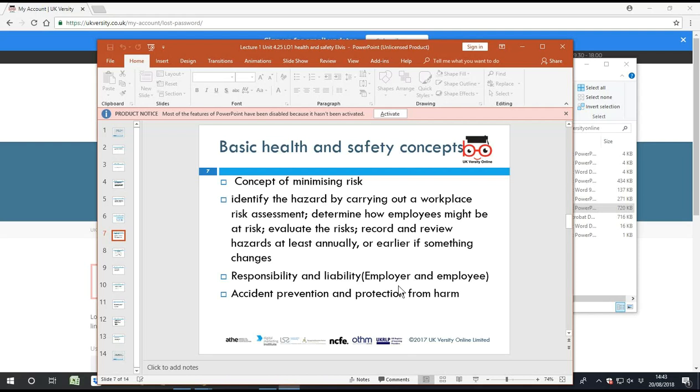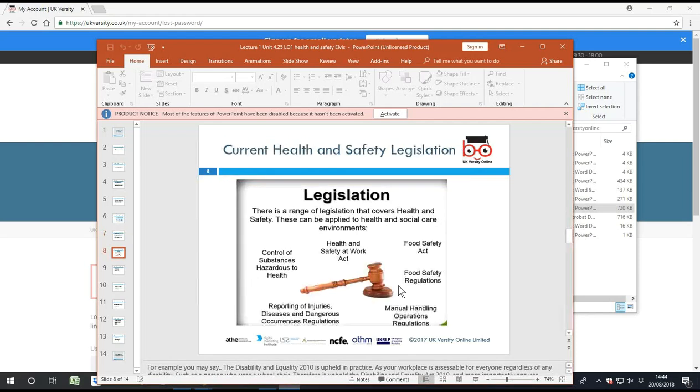The employee has also got the responsibility to make sure that health and safety policies and procedures are followed. Now, if this is done, then we are bound to prevent accidents and protect people, the staff, our colleagues, residents, and ourselves from harm. The next slide will look at current health and safety legislations.